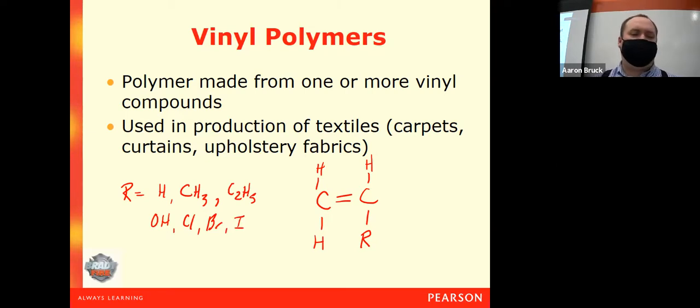There are lots of possibilities in that area. But depending upon what's in that, we're going to have different kinds of compounds, and they're going to make different kinds of polymers that have slightly different properties.